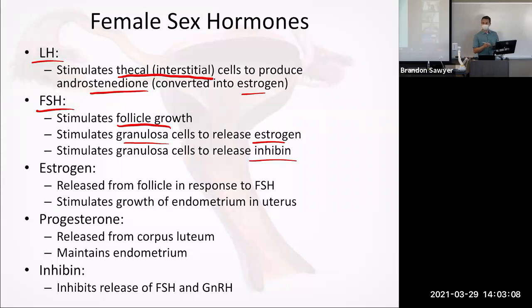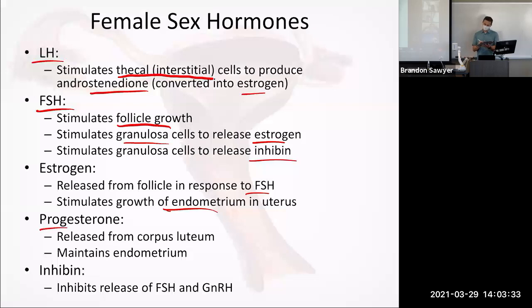Inhibin is also involved in this, just like it is in males. Estrogen, released from the follicle in response to FSH, stimulates growth of the endometrium in the uterus. So estrogen's big role, as far as the reproductive system goes, is to cause the endometrium to grow and get ready for implantation in case pregnancy does happen.